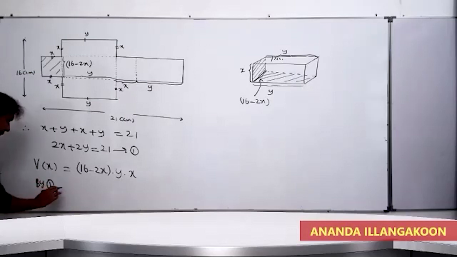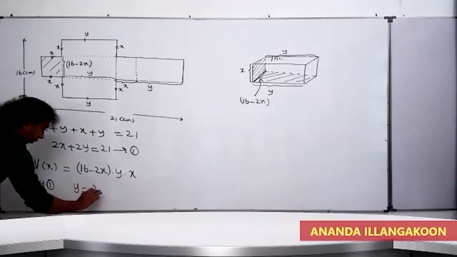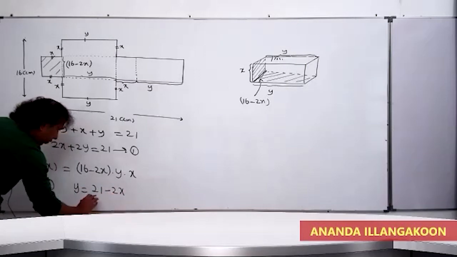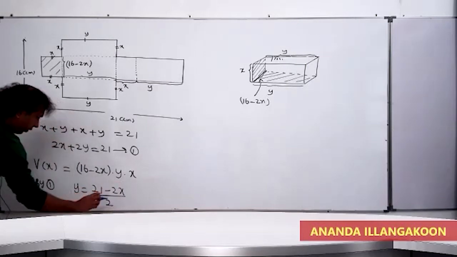Right. We can substitute y, people, by this. From number 1, y is 21 minus 2x divided by 2, no? Put that here.